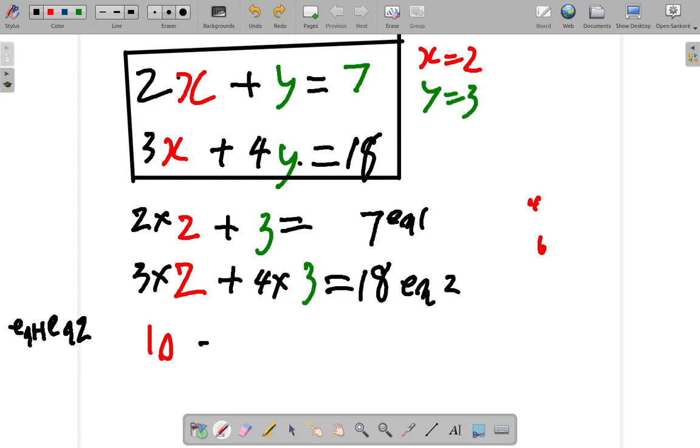Plus, let's see the y's. 4 3's are 12, and 3 more is 15. Equals 18 and 7 is what? 18 and 7, that's 25. Oh, 10 plus 15 is 25. Okay, good. So you see, adding two equations still gives you a third equation, which is valid because 10 plus 15 is indeed 25. All right?